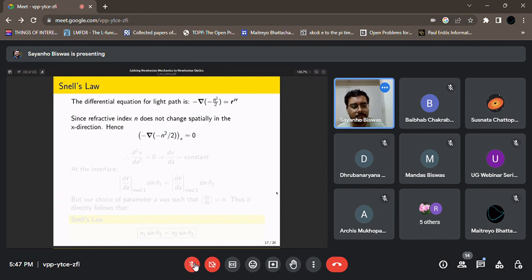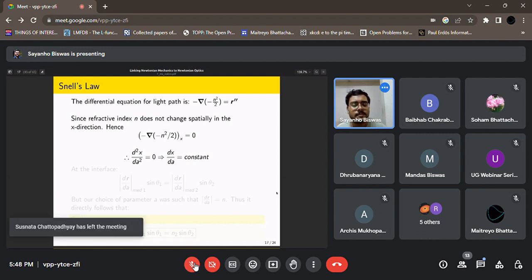N is a constant quantity, at least in x. And we can perform this derivative only because it is continuous in the x profile, that is, in the horizontal profile. So the LHS is 0, and that forces the RHS to be 0 of our famous trajectory equation. That means d squared x by da squared must be 0, and this implies dx/da is constant.